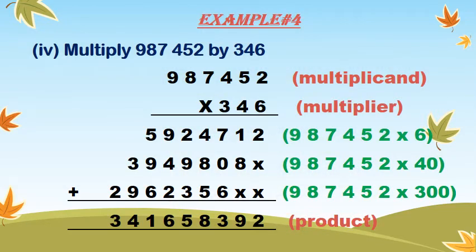Here is an example of multiplication. Now we will multiply a 6-digit number by a 3-digit number. What is multiplication? Multiplication is defined as calculating the result of repeated addition of numbers.